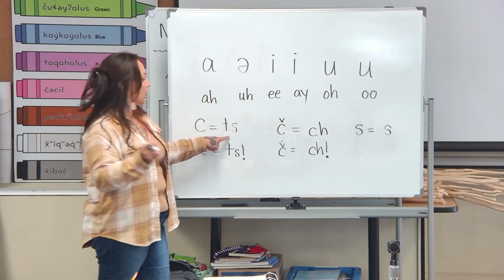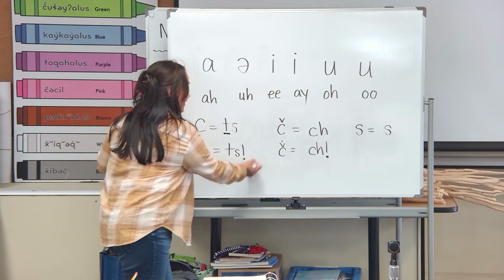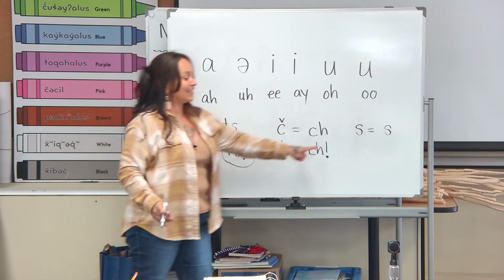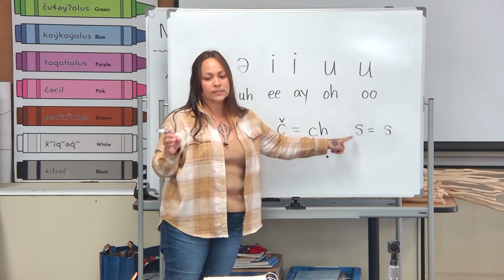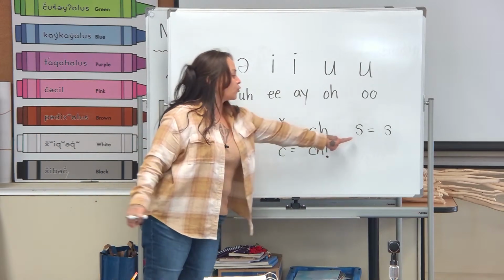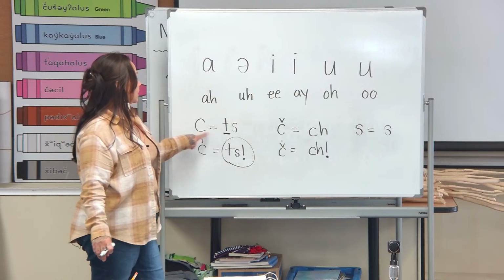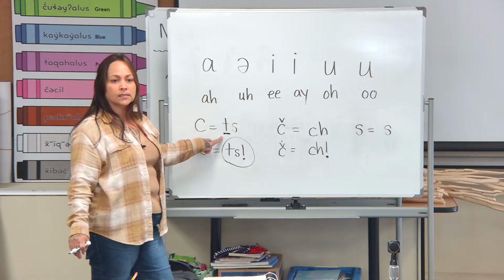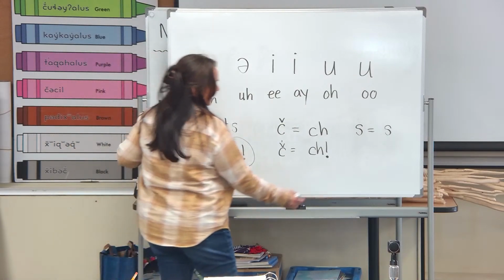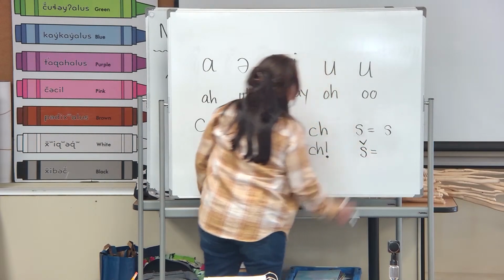So if we're not enunciating this T sound, this is where it gets tricky. So when we do the next sound chart, we're going to combine those. So regular S, C, the other S letter that we have is a wedge.